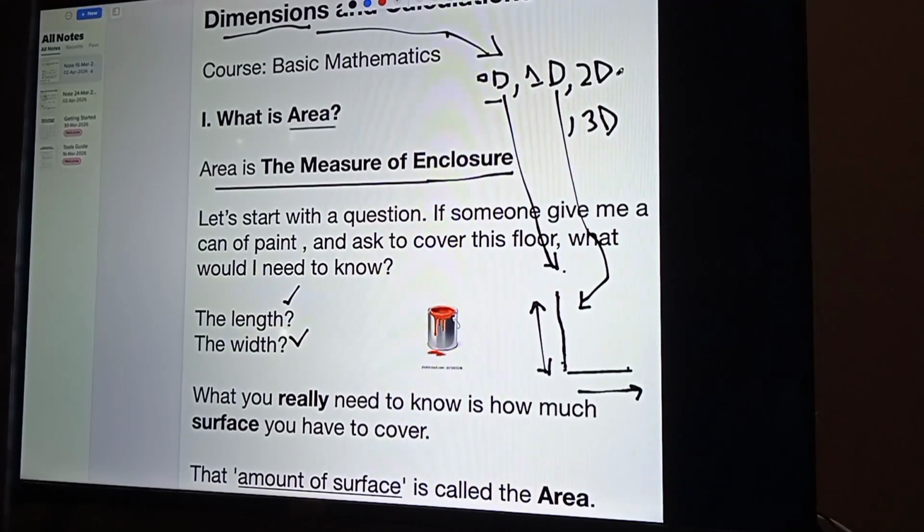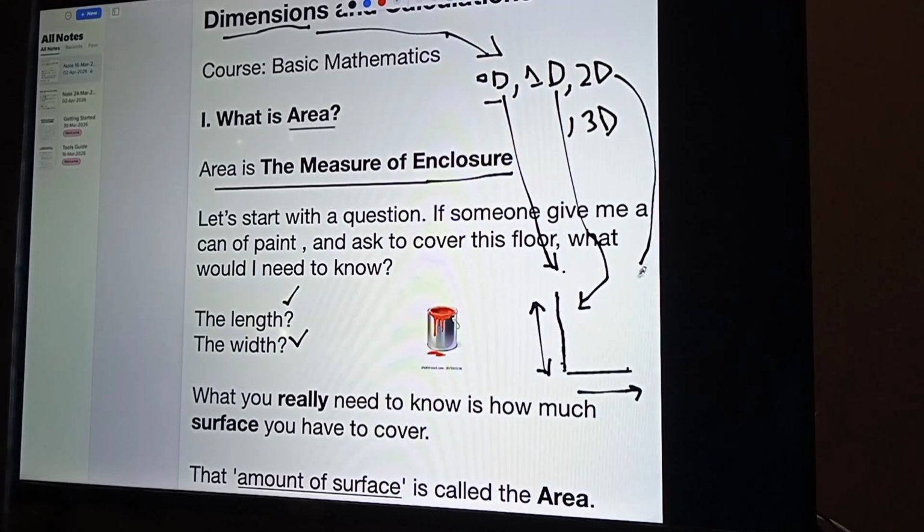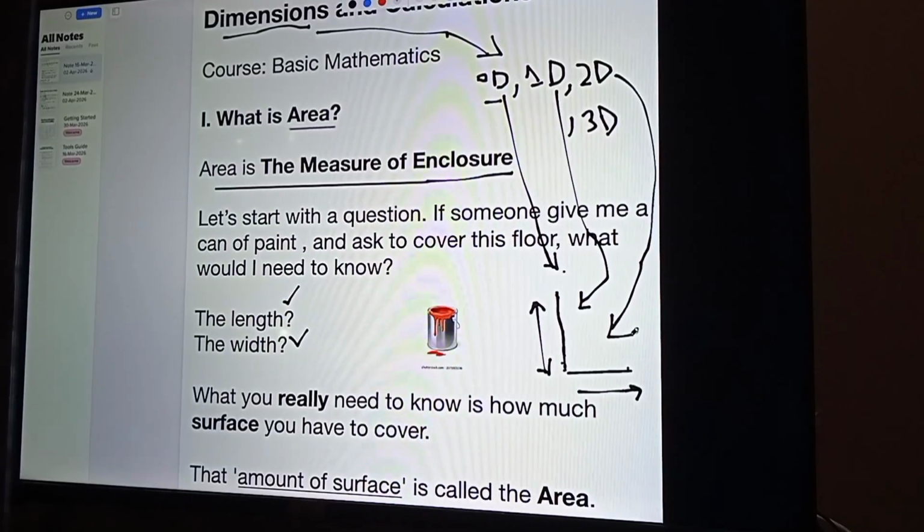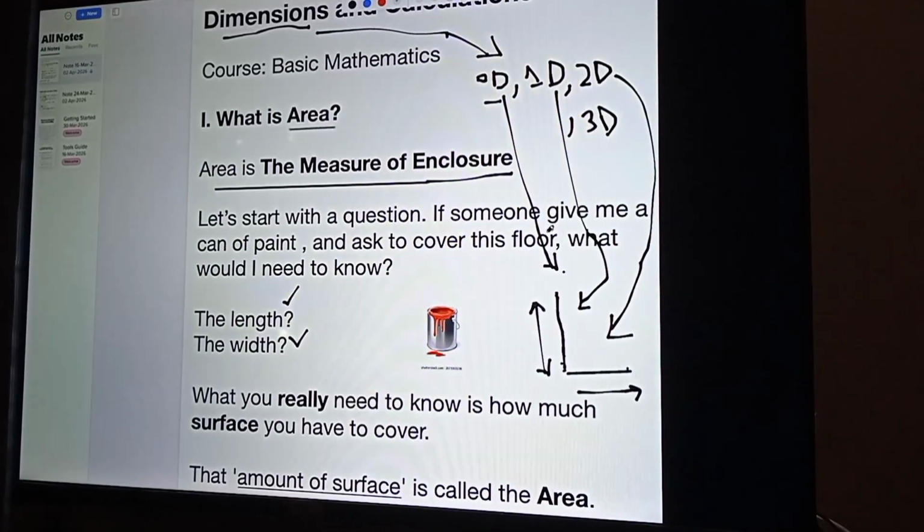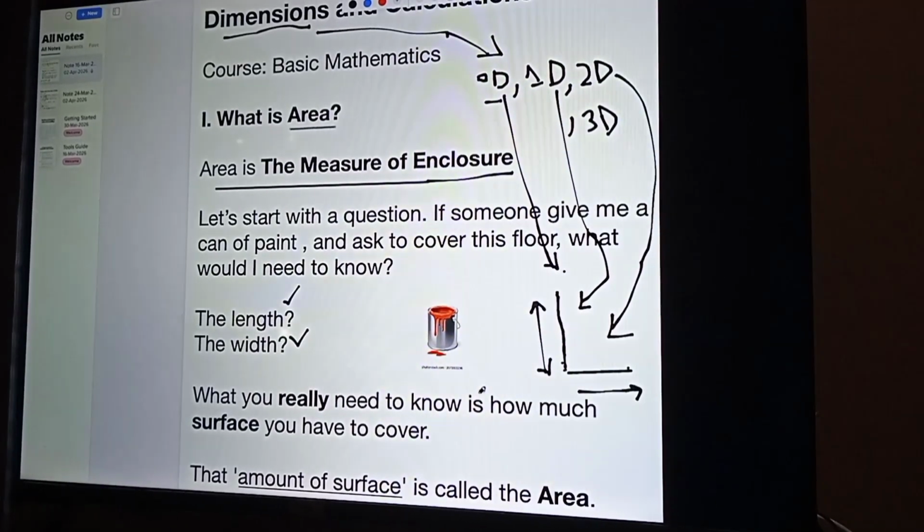Now this shape became two dimension. Two dimension has length and width. It can now move forward and backward, and left to right.